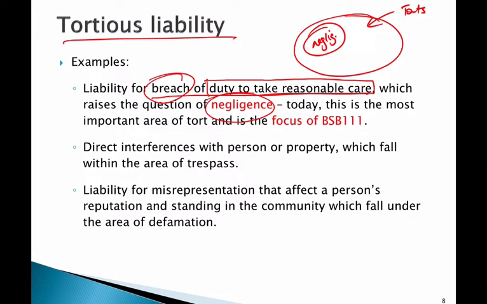Another area that we know a tortious liability arises is trespass, which is where you're interfering with people or property. You particularly think about it as property trespass. And we also have the area of defamation. We're not going to deal with all of these areas, but we need to understand that negligence is just one subset of torts.